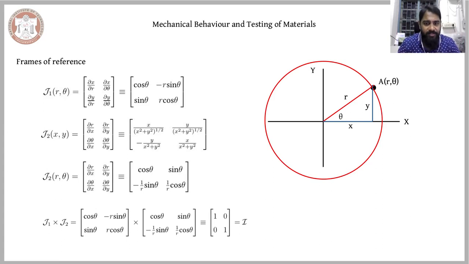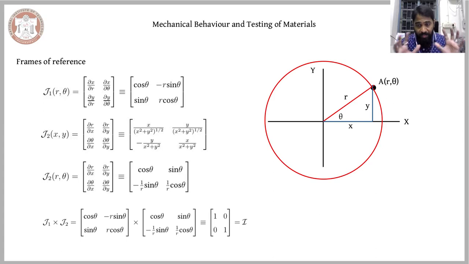The coordinate systems that we considered in our previous lecture were the Cartesian and the spherical coordinate systems. Now, we were able to arrive at the relation between the basis of the Cartesian and the spherical coordinate systems, and using this relation, we were able to prove that the spherical and the Cartesian coordinate systems are inverse of one another.